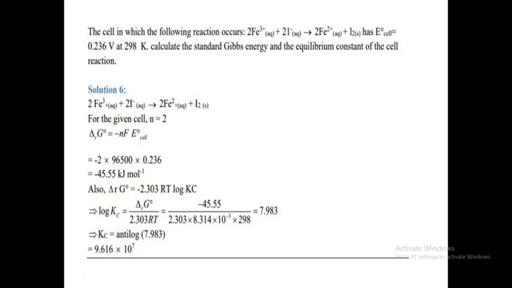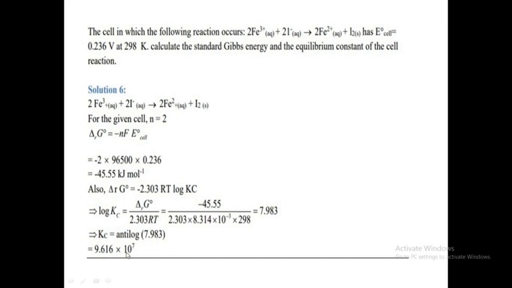And then for the value of the equilibrium constant, we already know that delta G naught equals minus 2.303 RT log Kc. So log Kc equals delta G naught divided by 2.303 RT. Okay, so after determining we will get 7.983.